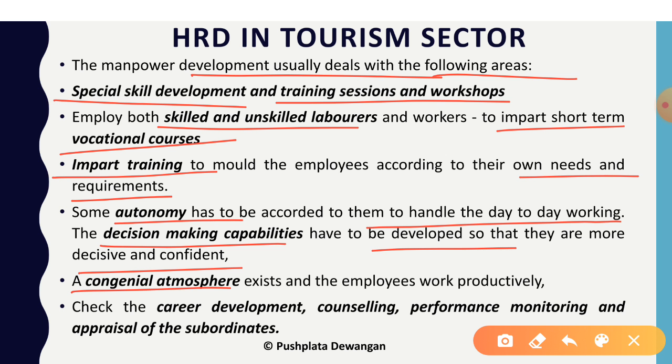Next, a congenial environment must exist, meaning good working conditions must exist so that employees may work productively. And also there must be career development, counseling, performance monitoring and appraisal of subordinates in the tourism sector.